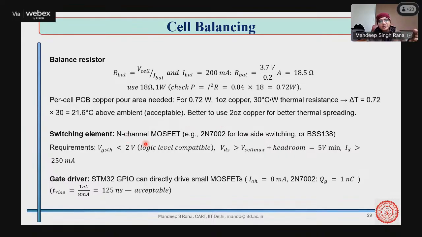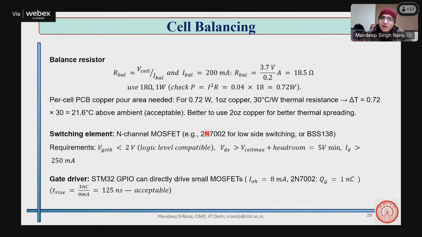So generally we connect N-channel MOSFETs, which are generally low side driving, something like the 2N7002 and BSS138. These are commonly used in BMS. They have a low logic level requirement, and one good thing about them is they can be directly driven by a microcontroller. If you look at the MOSFET analogy, it needs to have a gate driver.